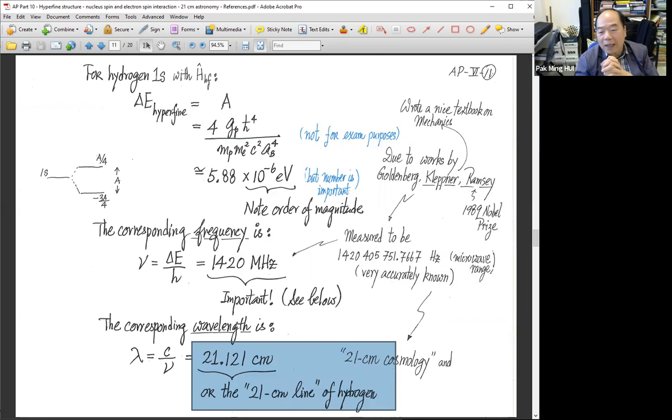So for those who like astronomy, when you read things, you encounter something called the 21 centimeter line of hydrogen. It is referring to this hyperfine splitting transition. Okay, now this line happens to be able to travel through the atmosphere and arrive on Earth, so that you can look at it with big radio telescopes.